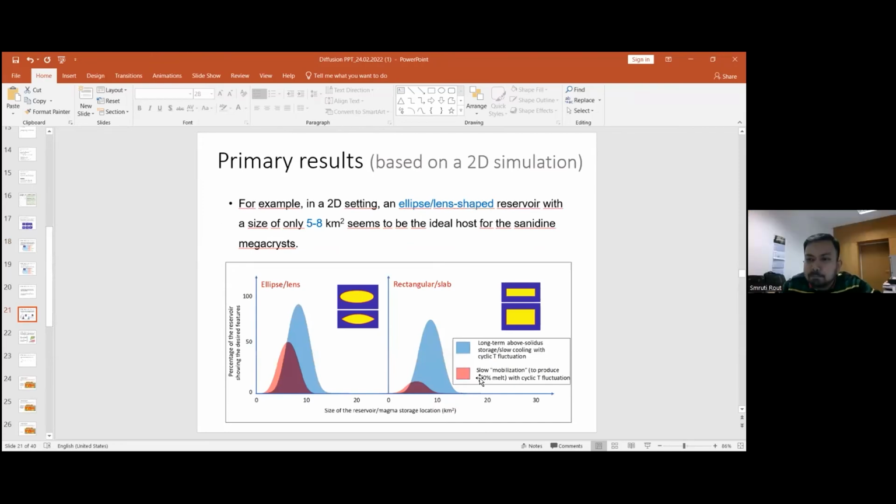Right. And so I think in this slide, you show the percentage of the reservoir showing the desired features. This means the percentage of the reservoir with sanding crystals that would show these thermal histories. Yeah. So basically, I start from the bottom and then go up.